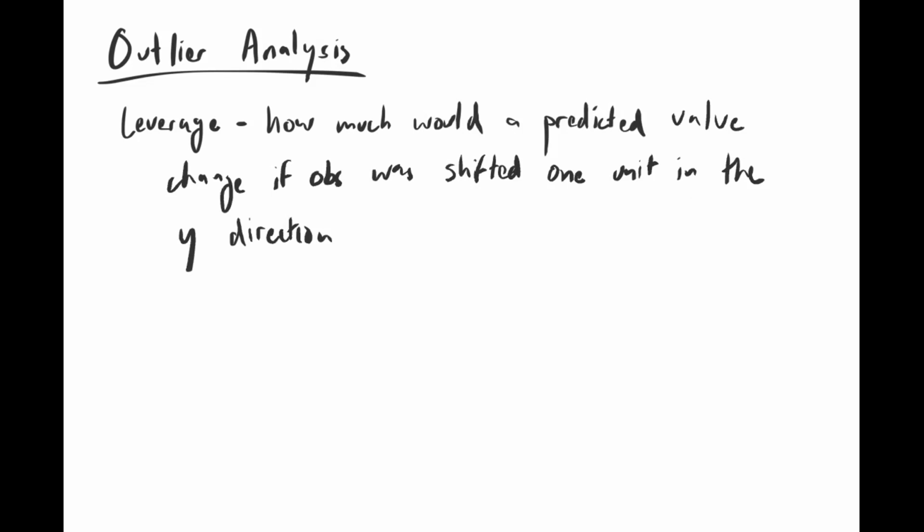The formal definition of this is h_ii is equal to the delta of your predicted value over the delta of your actual value.